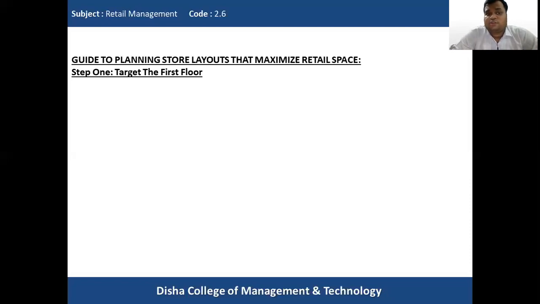Even though exceptions exist, the retailer should try to focus on the first floor, because the use of escalators and elevators hampers the customer flow. It is very important that the customer's flow should not be hampered, and the customer should be able to browse all the merchandise kept for display. After browsing all this merchandise, the customers can make an informed decision whether to buy these products or not.